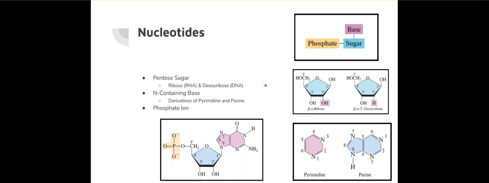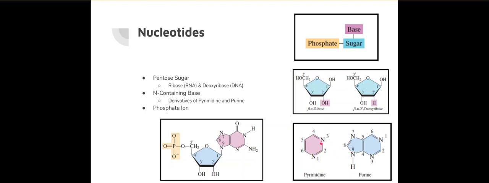Let's see here. I'm trying to remember why I have these in here. I think just because this is ribose, because it has the oxygen, the deoxyribose, there is no oxygen on this functional group. And that's the difference. And these are the two parent compounds.